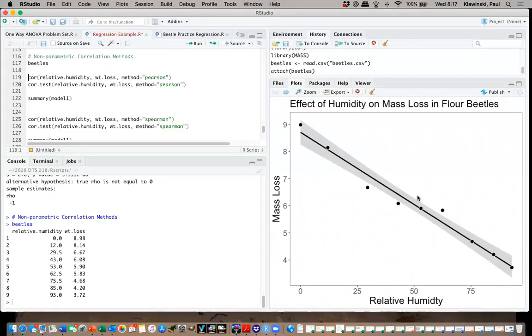So when you look at regression data, you see certain patterns that crop up in terms of residual plots and things like this. In this case, we have a negative correlation.